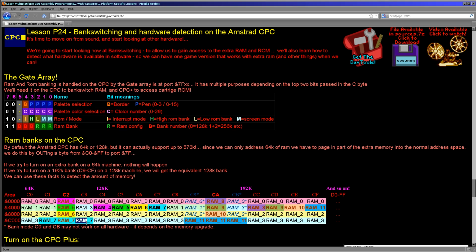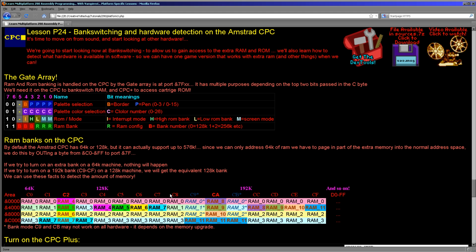The problem with this is it can only be done on a 128K system. The 64K systems cannot do this, so unless you're not going to support 64K systems, I'd strongly advise you don't use this for that function, because you'll just be programming your screen functions in a way that won't work on your 64K systems. That said, they are quite useful for CPC Plus functions, and we'll see why in just a moment.